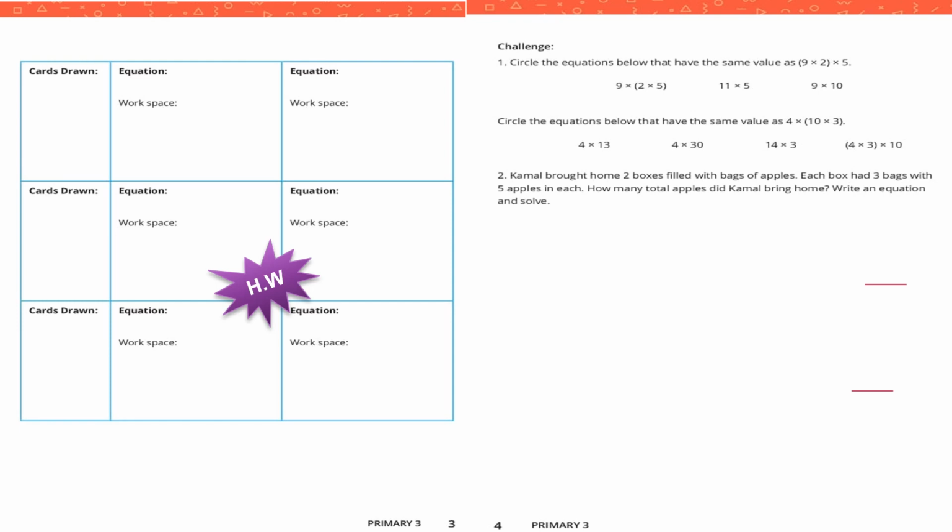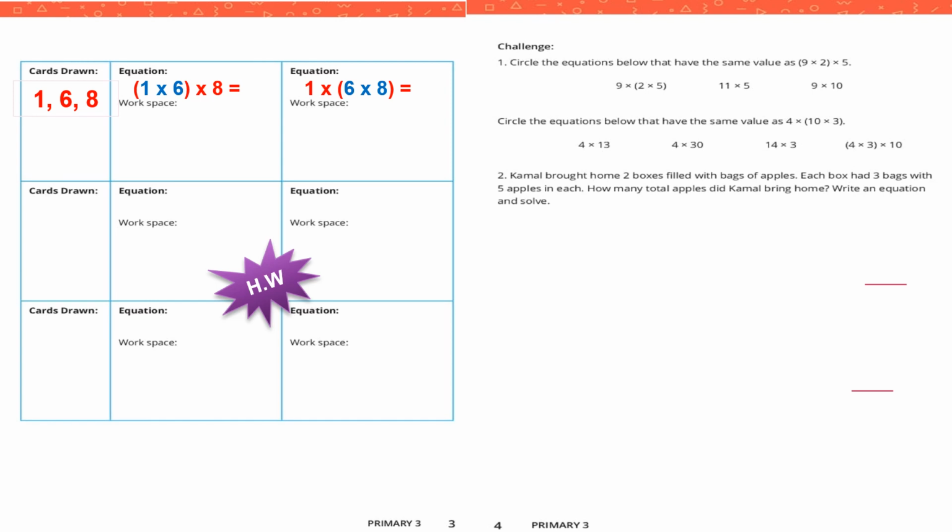Let's continue with the next card. 1, 6, and 8. Let's apply the associative property. 1 times 6 times 8. I will take 1 and 6 between two brackets. The next way, I will take 6 times 8 between two brackets.